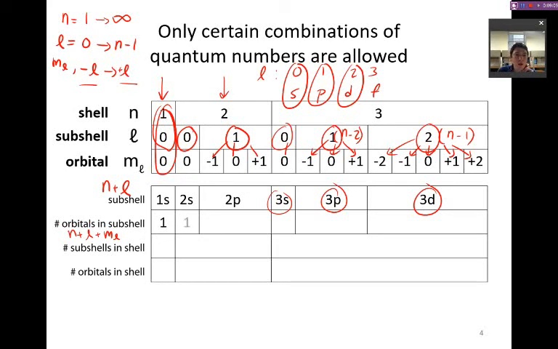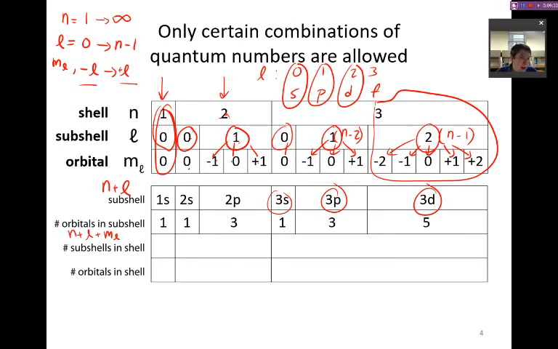There are a total of 4 combinations, 2,0,0, 2,1,-1, 2,1,0, 2,1,+1 in the second shell, so that gets us a total of 4. And then in the third shell, we have the 1 orbital in the 3s subshell, the 3 orbitals in the 3p subshell, and then there's 5 combinations within the 3d subshell.